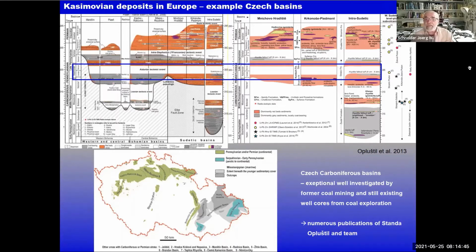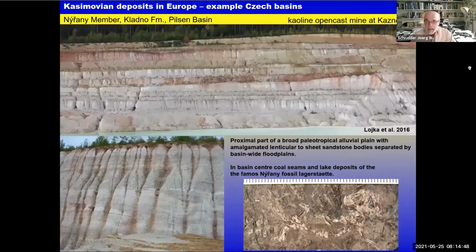Next. There's one of the nice, still existing surface outcrops. The northern part of the Pilsen Basin, the Nýřany Member of the Kasimovian Plzeň Formation. Exposed is a proximal part of a broad paleotropical alluvial plain with fluvial sandstones and conglomerates and this reddish stuff, intercalated floodplain deposits.